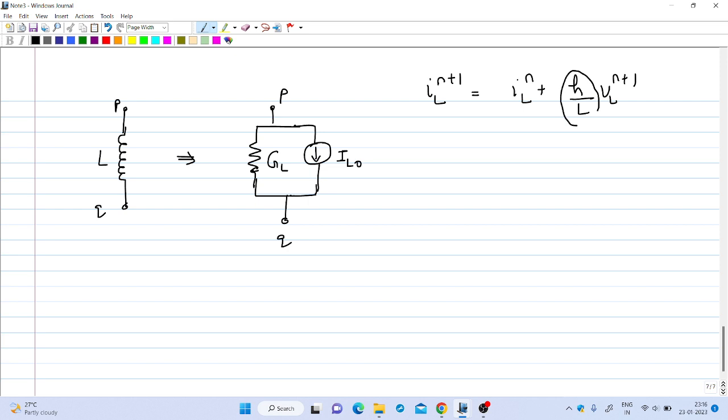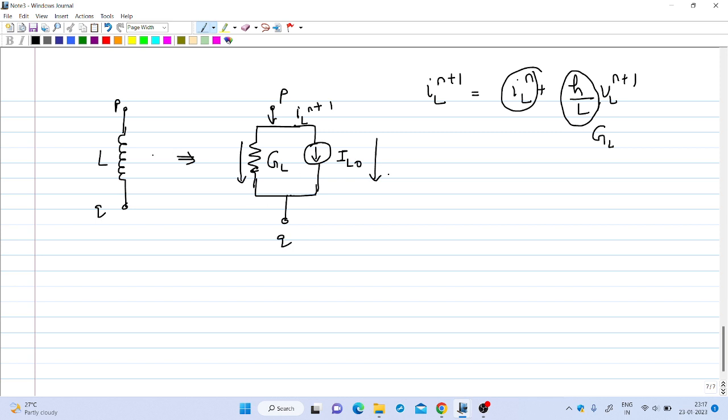So H by L can be thought of as a conductance GL. So GL into VL n plus 1 plus this IL n, which is IL0, will be equal to IL n plus 1.